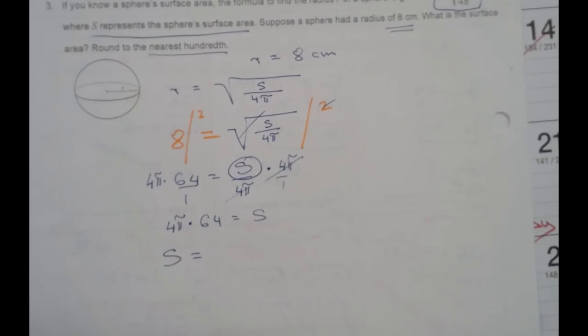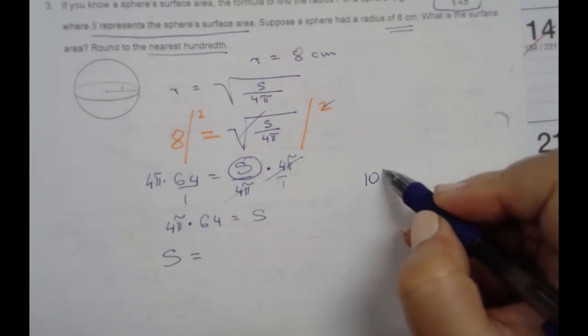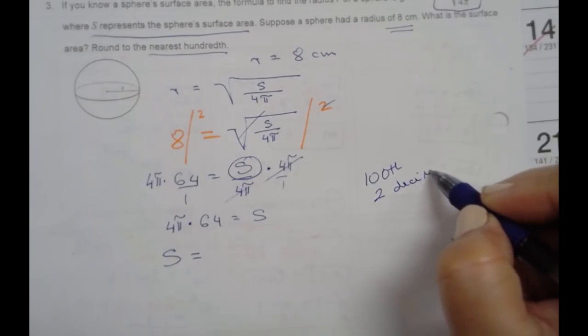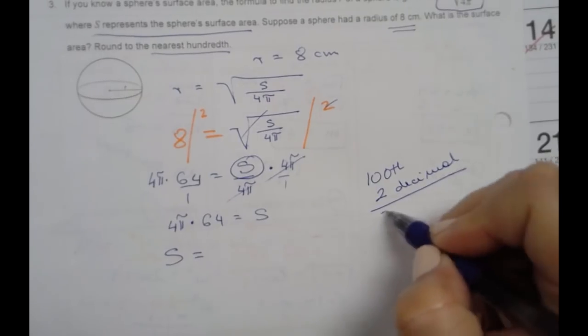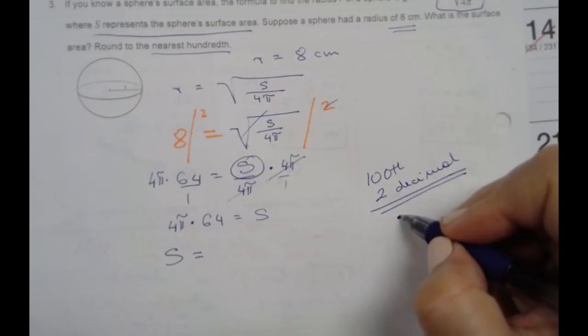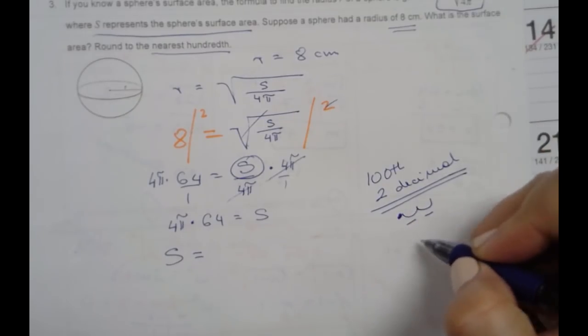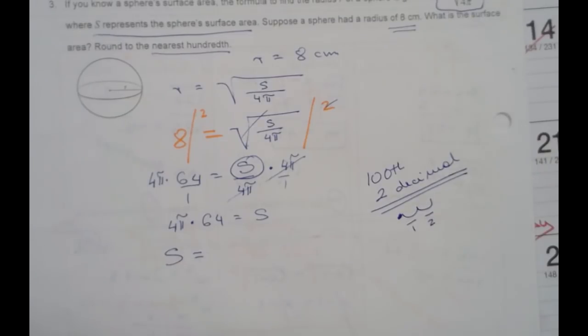They want you to round to the nearest hundredth. Hundredth place is 2 decimal places, so 2 places after the decimal point.